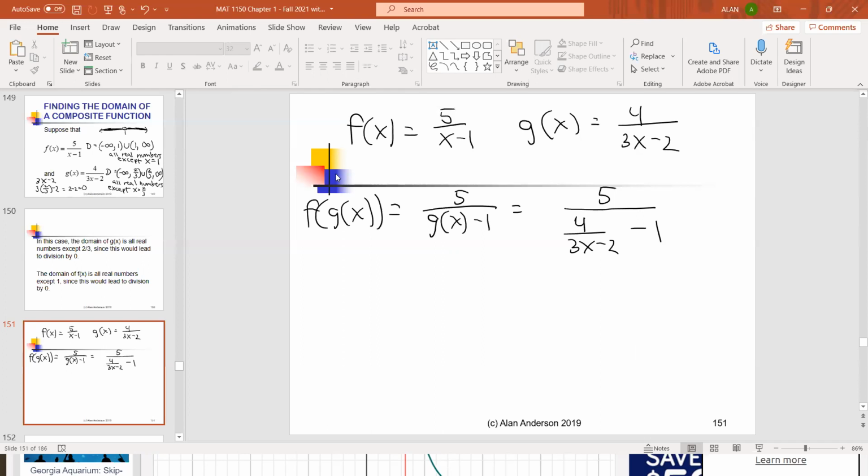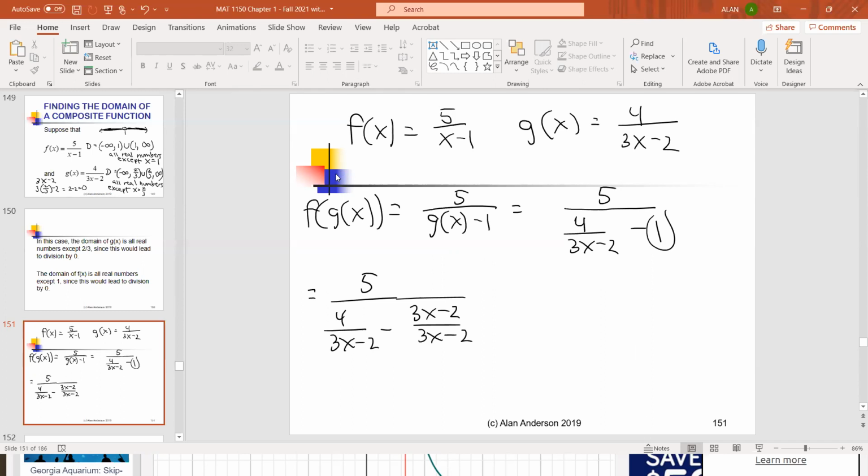Well, our strategy is to rewrite this 1 in such a way that we can consolidate these two terms. And so our best bet is probably to simply write it as 3x minus 2 over 3x minus 2. Why did I choose that particular version of 1? Because you can see, first of all, it is 1.